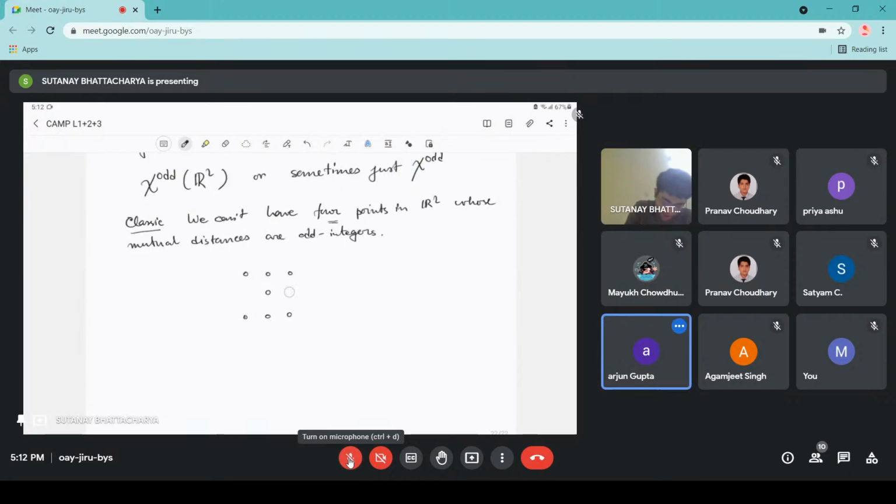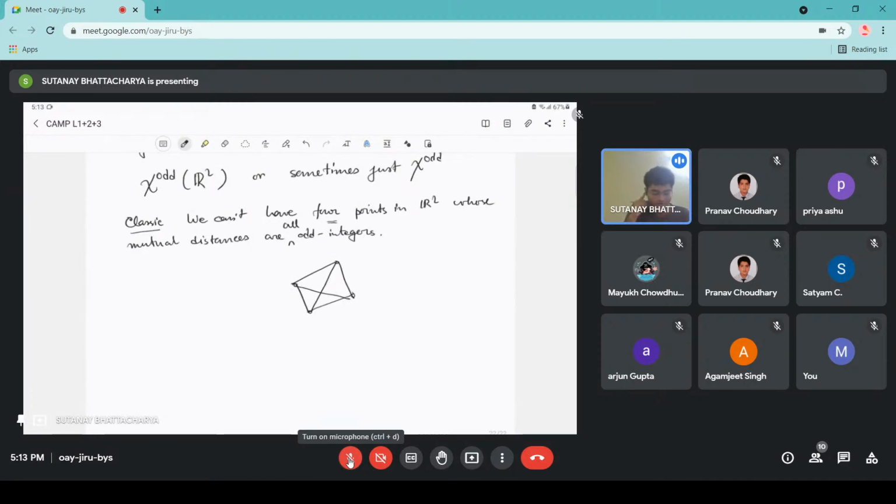Okay, no, you have to consider these distances as well, all odd integers. If you do that, these will be root 2 times some number, and that is not even an integer. So the idea is if you have 4 points and you want to make all of these 6 distances odd integers, that cannot happen.